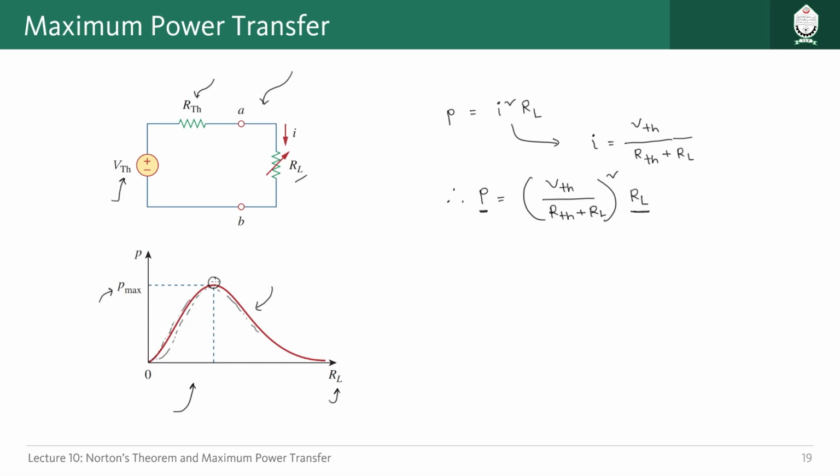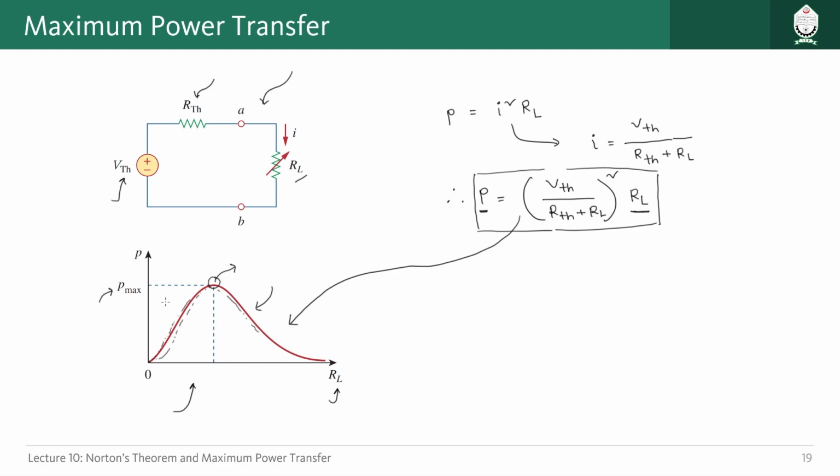Finally, when we have the maximum power delivered, at this point the slope of this curve is 0. So if we take the derivative of this particular equation with respect to RL, because this curve is represented by this equation, and equate that to 0, that will give us the value for maximum power.